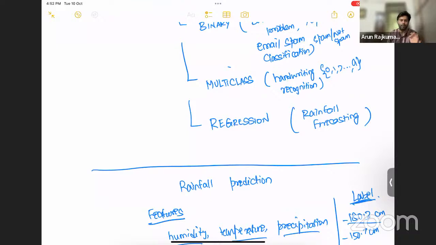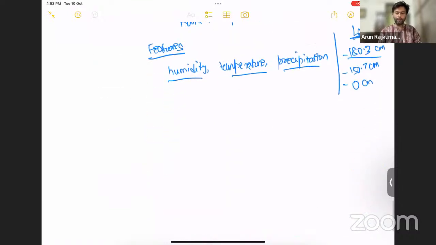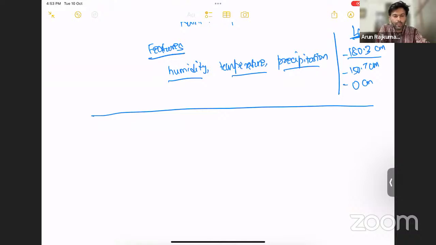What is the problem that we are trying to predict there? What is the problem in Chandrayaan 3, which is a regression problem? Sales and promotion forecasting. Okay. So that's a good example.